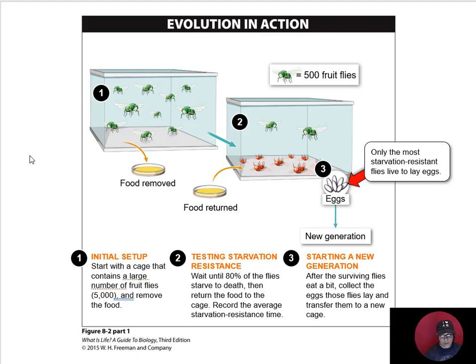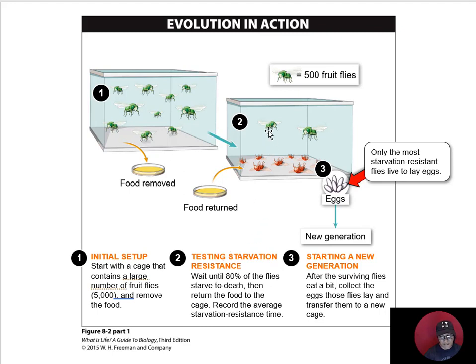And so here's how the experiment was run. The initial setup. They started with a cage that contains a large number of fruit flies, about 5,000, and then they removed the food. And they waited until 80% of the flies starved to death, and then they returned the food to the remaining fruit flies, and they recorded the average starvation resistance time, how long they were able to resist starvation.